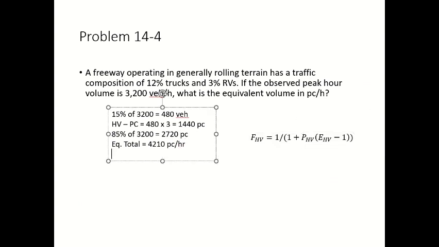So this is my equation. So what will be my PHV here? Percentage of vehicles 3%. So we'll put 0.03. Oh sorry, 15%, 15%. So you will put 0.15. And EHV is 3. EHV will not change.